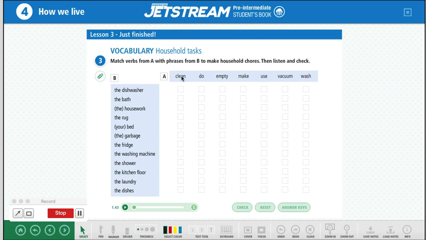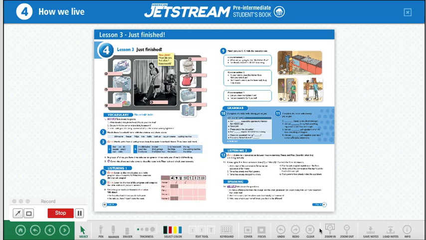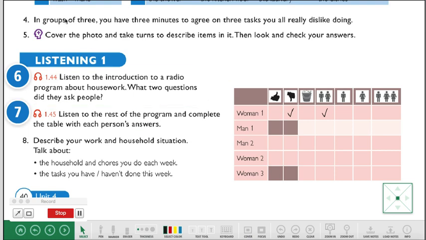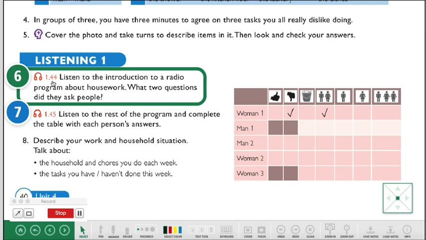Is it correct to say clean the dishwasher, do the dishwasher, or empty the dishwasher? I don't know, maybe this and this, okay? More than one answer could be possible. That's the idea. Then, numbers 2, 3, 4 and 5 are not necessary to be done, so let's skip them and go to exercise number 6.